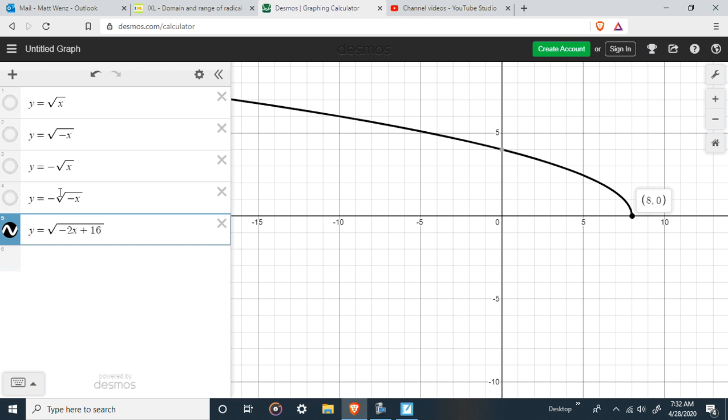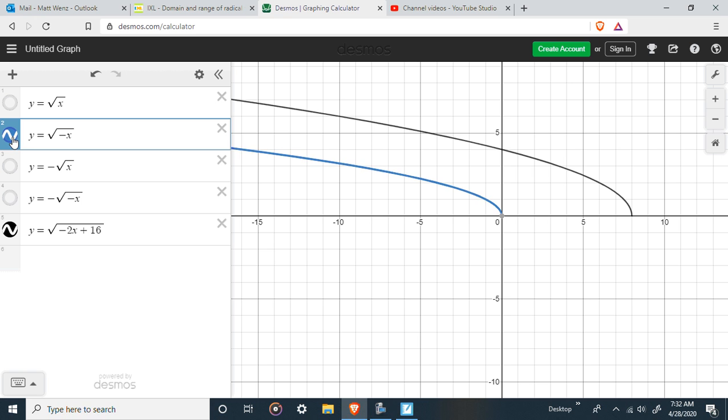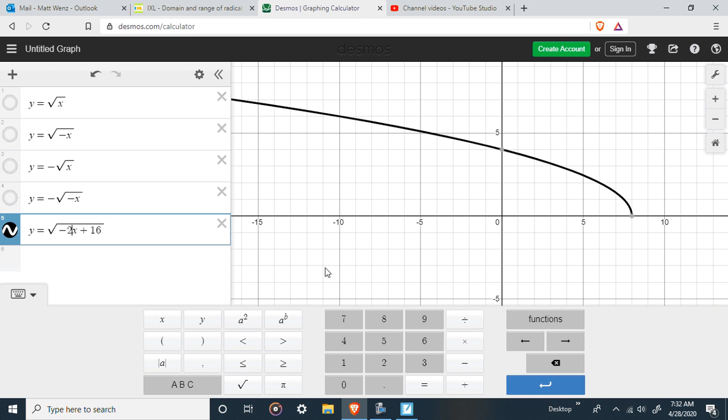Like this graph right here that had the negative on the inside, it's going to flip over the other way, because now anything less than 8 will make this positive. Again, 8 is the number. It's going to swing over the other way, though.